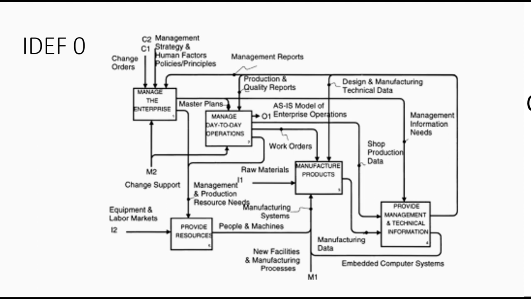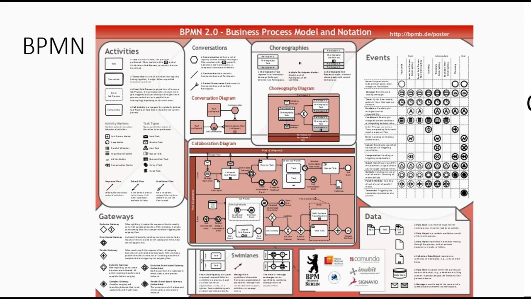It uses something called ICOM, where the controls go in the top, the outputs go out the right, the inputs come in the left. And in the ICOM model, you then get a pretty complete understanding of how each one of these activities or capabilities works. I don't think it's ever really been replaced in terms of being able to define things like a capability.